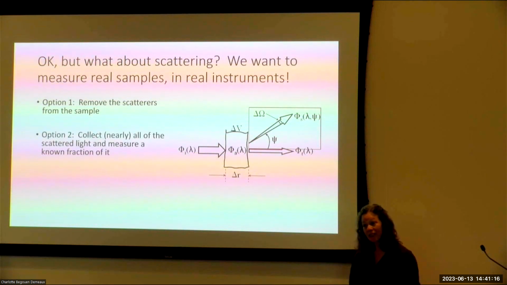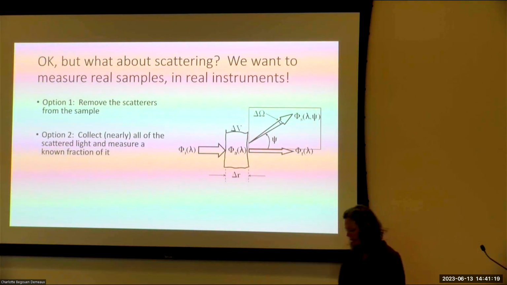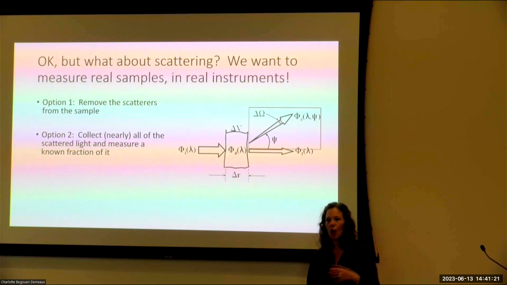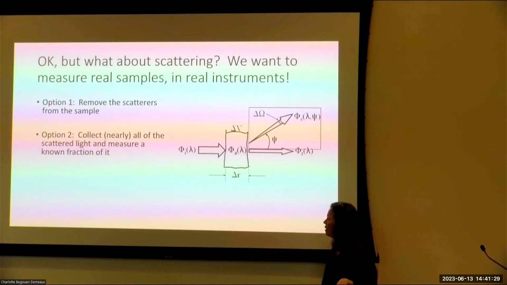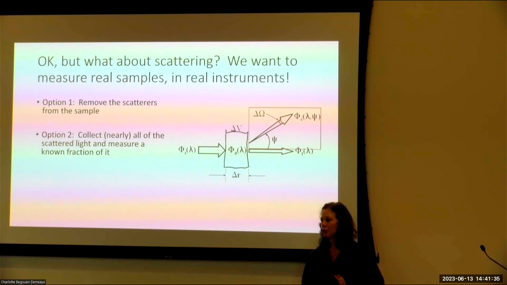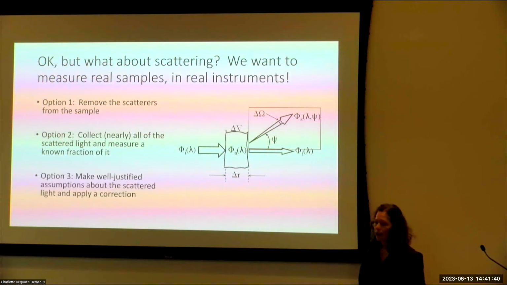Option two is you can come up with a sensor that collects almost all the light that's scattered, so we can integrate all that scattering and have a device that measures the light that goes in all directions, and then you can determine the absorption by difference.